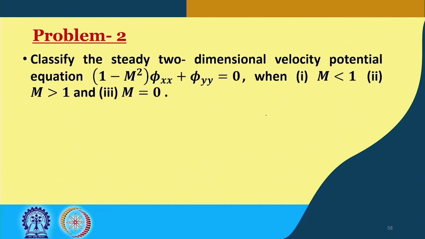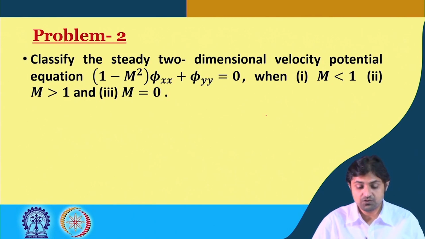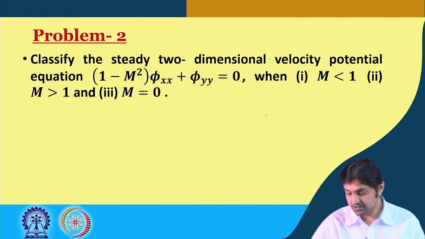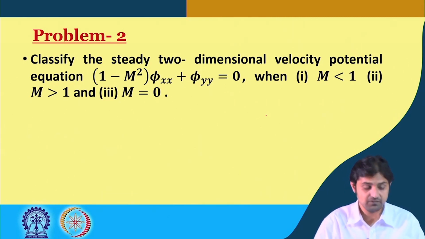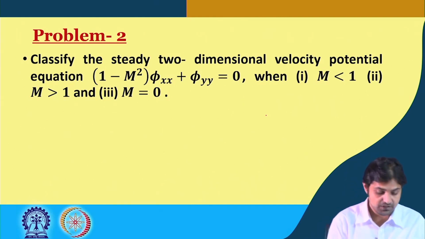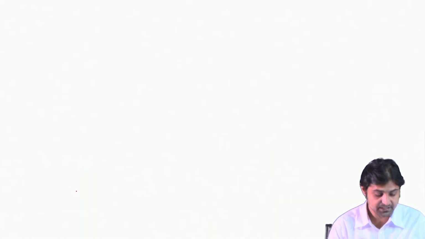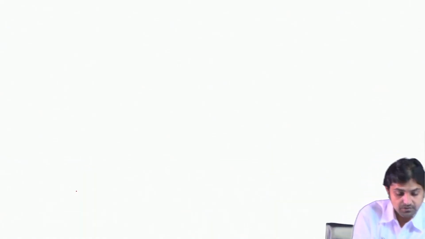So, the question is, classify the steady two-dimensional velocity potential equation, which is 1 minus m square phi xx plus phi yy is equal to 0, when m is less than 1, secondly when m is greater than 1, and third when m is equal to 0. So, like always we are going to use the white screen for this. Okay. So, solution 2.